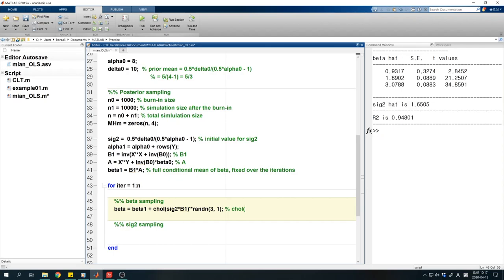Just to make sure, chol gives an upper triangular matrix, but what we need is the lower triangular matrix. That's why we have this prime.